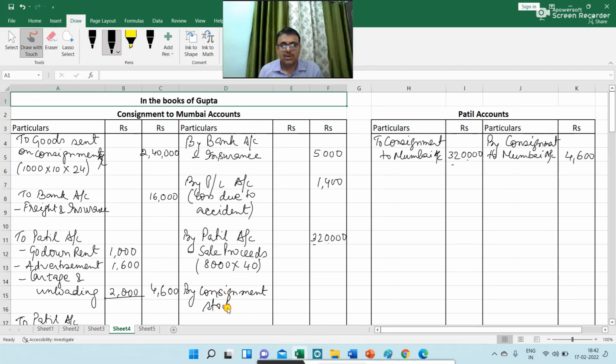So in this account, that is consignment to Mumbai account, I am writing here by consignment stock account. So I forgot to write the amount of commission in Patil account. Okay, I will write here. So value of closing stock on consignment is 41,933. So in Patil account, I am writing by consignment to Mumbai account, the amount of commission.